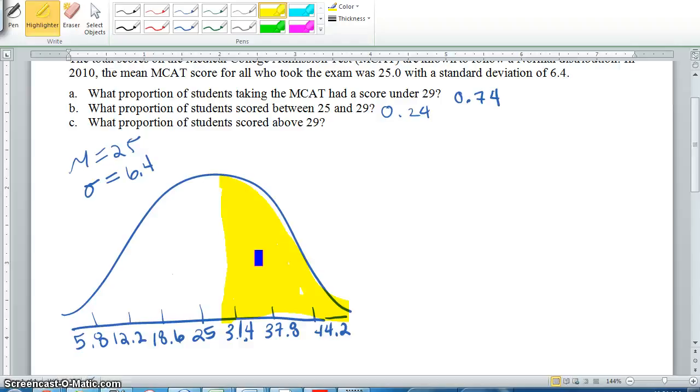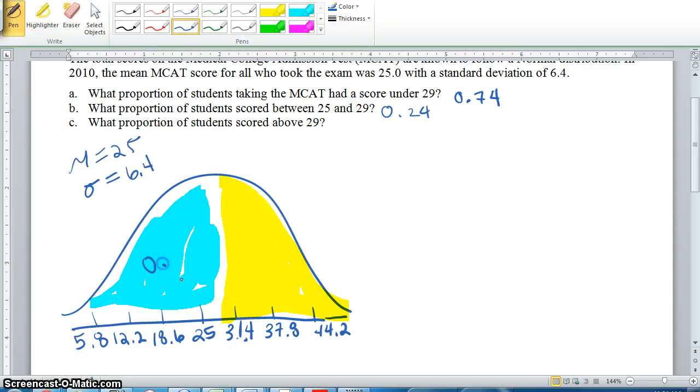Well, actually, it's not too difficult because we already found the area that fell below 29. I'm just going to quickly shade that in here. We know this to be equal, from the table, to 0.73565.